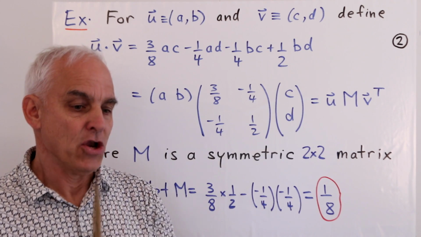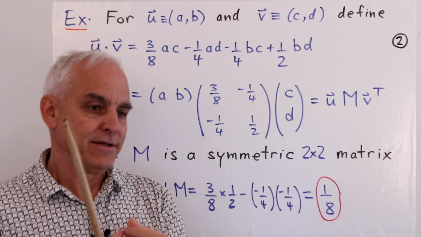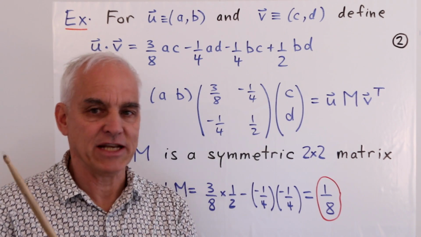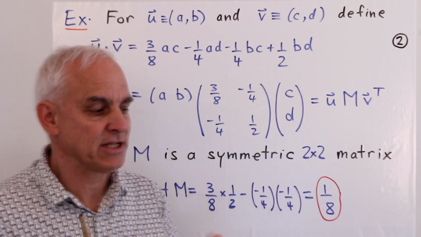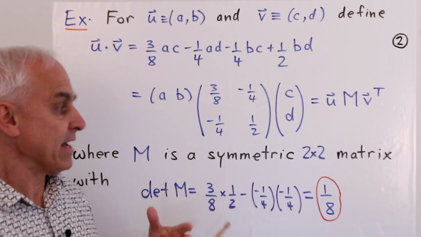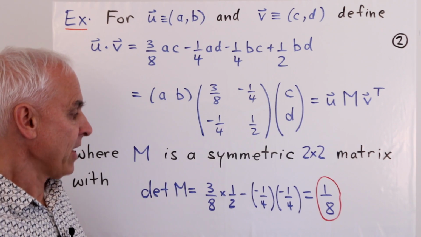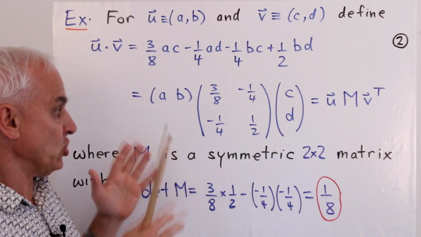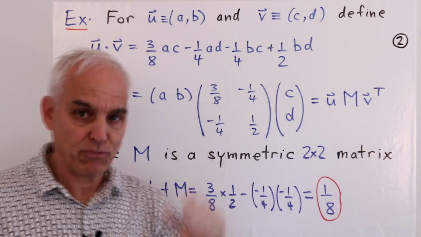So this is a non-zero determinant matrix. Or in linear algebra language, it's an invertible matrix. It means that it has an inverse matrix and has other important properties. In particular, that number 1/8 is something that will figure in the geometry associated to this dot product.